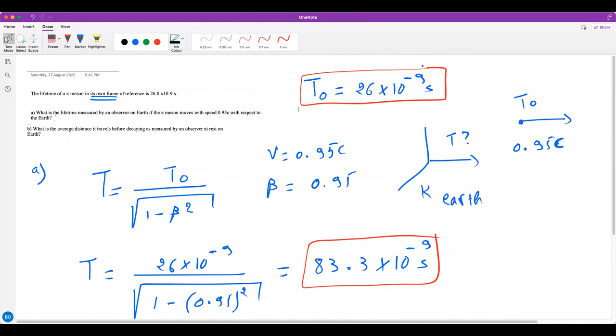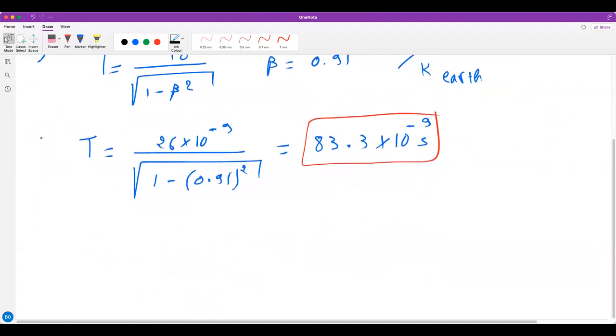So the second question, which is interesting, is: what is the average distance this particle would travel before decaying as measured by an observer at rest on Earth? Let me explain this. The particle, let's say, has been created at this moment, and this particle will live for a certain period.